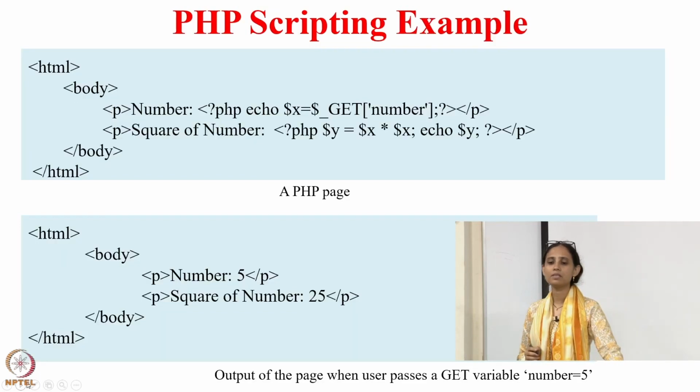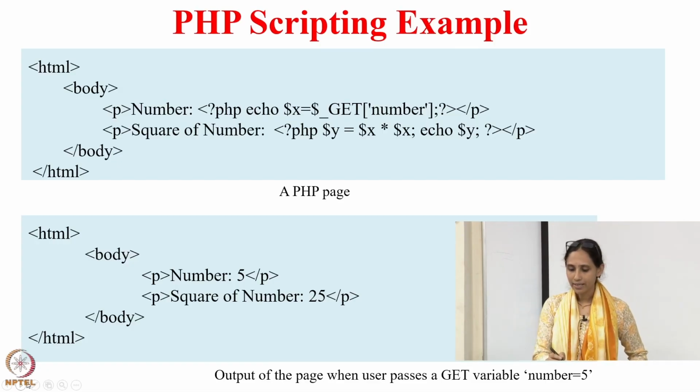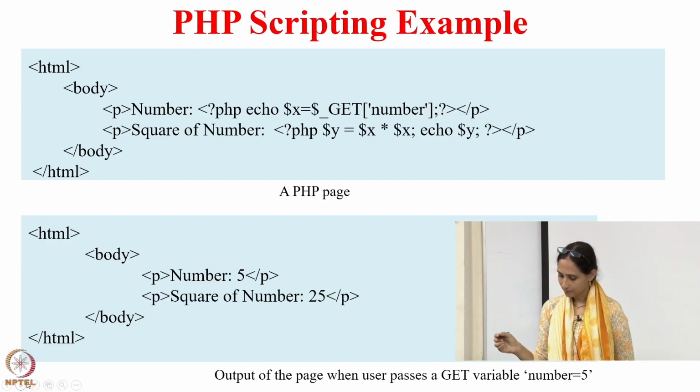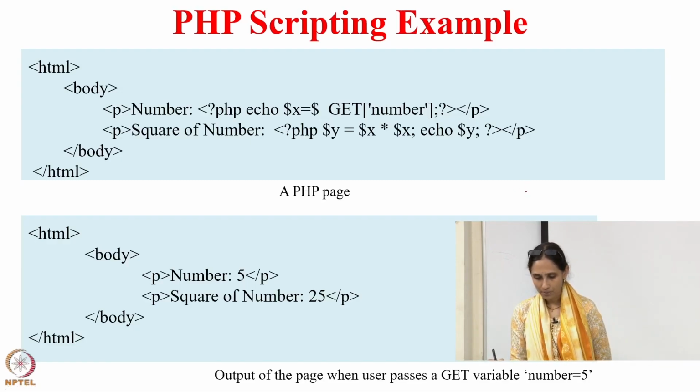So for example, this is a PHP scripting example, where you write HTML like this. Here, for example, this could be some script, so let me call this script square.php.